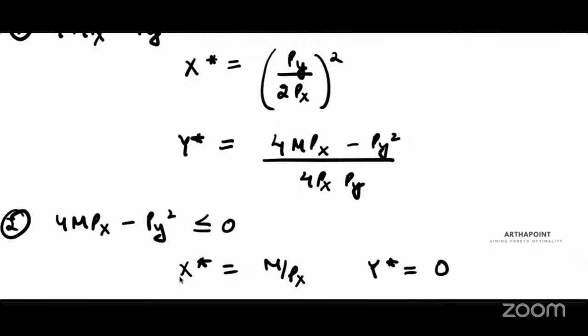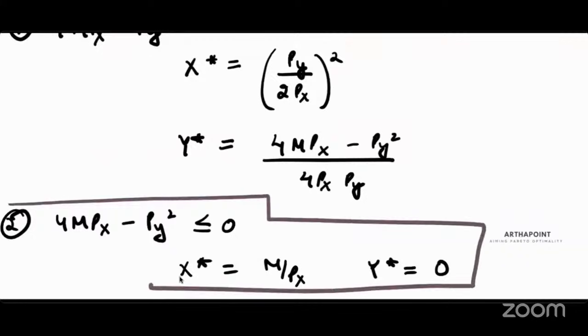This question came in one of the exams. This was asked: suppose 4mpx minus py square is negative with the utility function root x plus y, which is the equilibrium condition. What is the value of x star, y star? This came in one of the entrance exams.